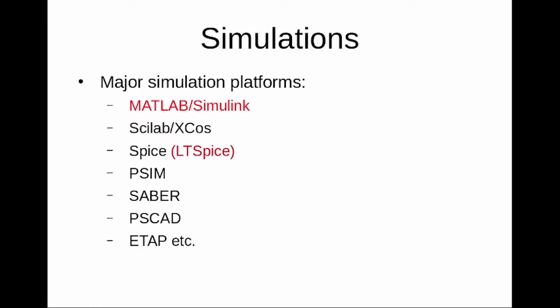MATLAB is basically a scientific engineering programming language, and Simulink is its visual simulation tool, extensively suitable for nonlinear system simulation. It now has enhanced capabilities to simulate circuits also, just like SPICE-based circuit simulators.